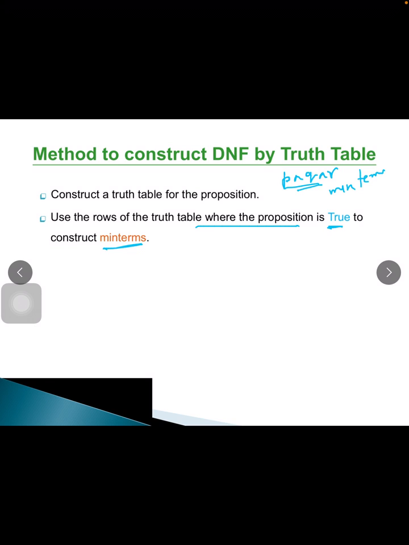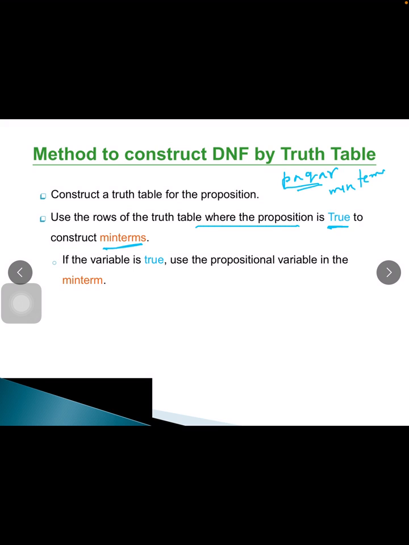So what we see here, after making the truth table, we have to see which rows are true, and according to that we have to form the min term. So how to form the min term? If the variable is true, we have three variables with values true or false.